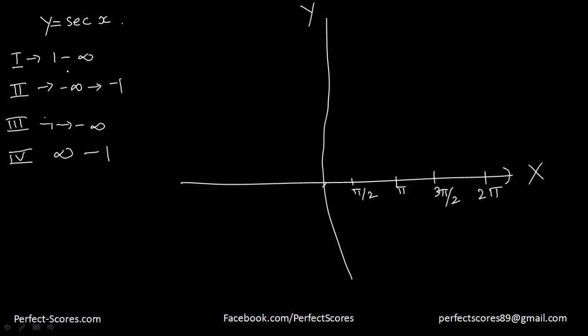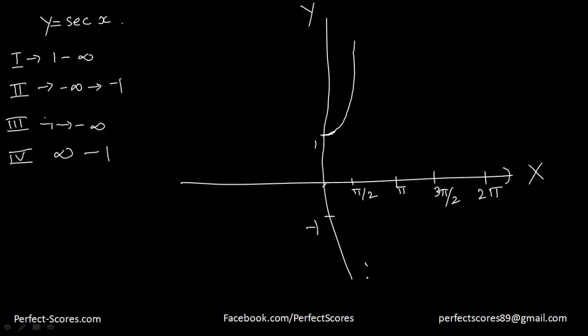Now in the first quadrant, it goes all the way from 1 to infinity. So let's say this is 1. So this is the first quadrant, going from 1 till infinity. In the second quadrant, it's going to go from negative infinity all the way till -1. So let's say this is -1.